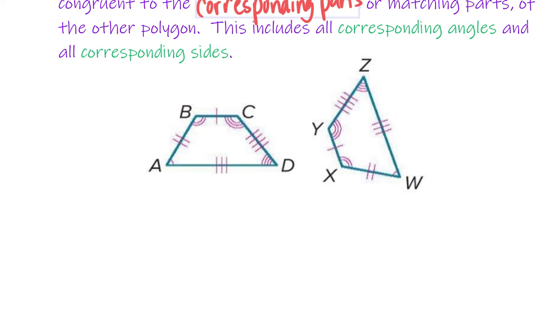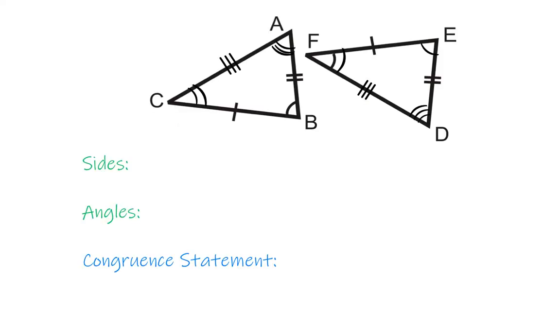So if you look, angle A and angle W are marked the same. C and Y are marked the same. There's going to be sets of sides that are marked the same and sets of angles that are marked the same. Okay, and that's kind of what we're looking at here.